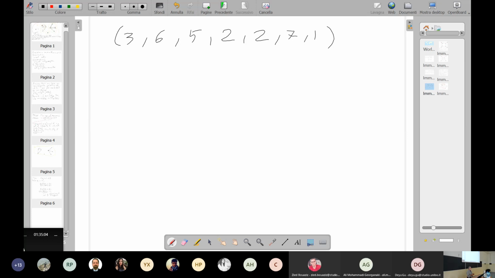Okay, I understand now, because we need to have the same number of vertices.